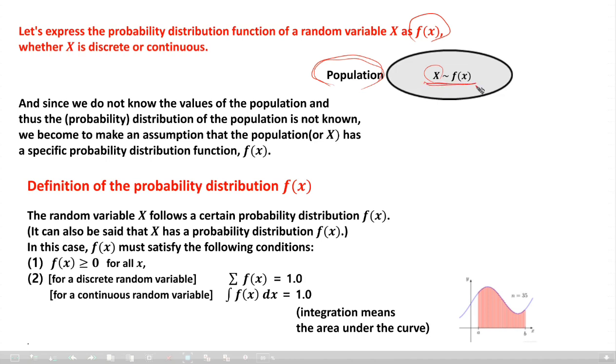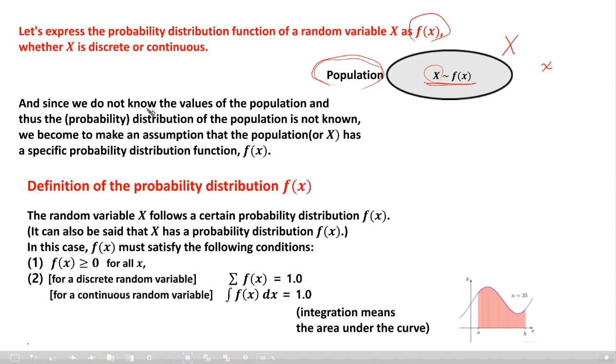And another thing, random variable should be denoted by capital letter X. You have to distinguish small letter x. Small letter x is some specific value. I will explain it later again.